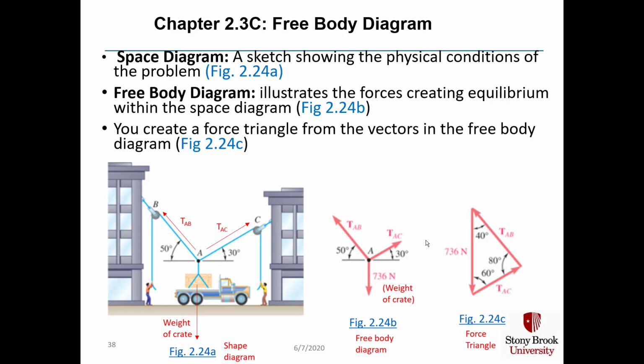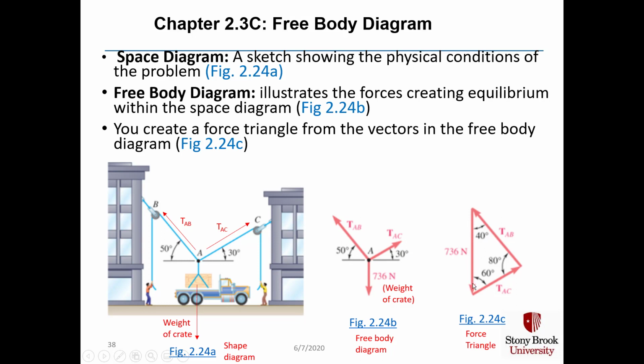You create a force triangle from the vectors in the free body diagram in figure 2.24c by laying out each of the three forces in their directions in space, but plotting them all tip to tail. So here is vector T sub AB as a start, and its angle relative to this vertical force coming down of 736 newtons is 40 degrees, because 90 minus this 50 degree angle relative to the horizontal is a 40 degree angle relative to the vertical.